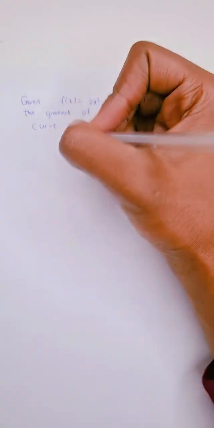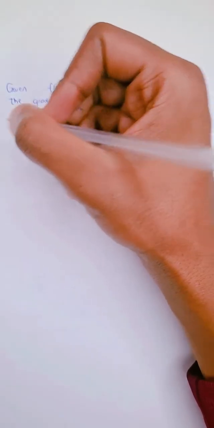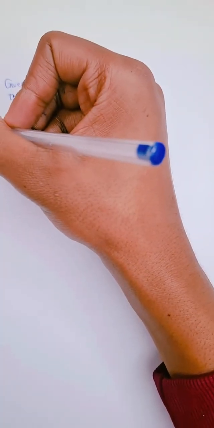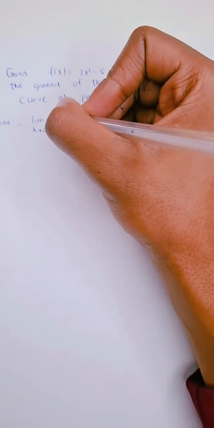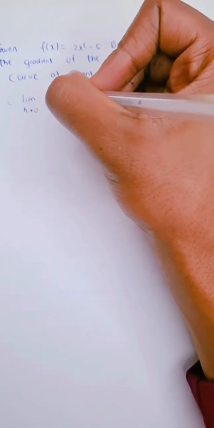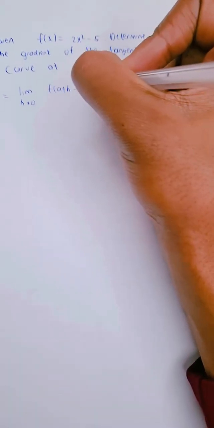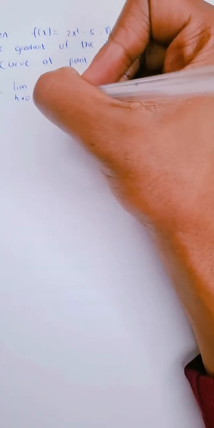we know that the formula is the limit, so the gradient of the tangent is equal to the limit as h approaches 0 of f of a plus h minus f of a, over h.